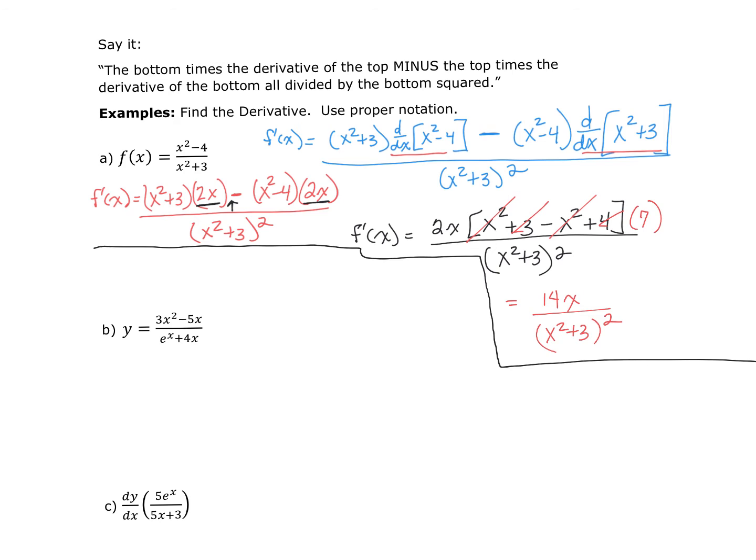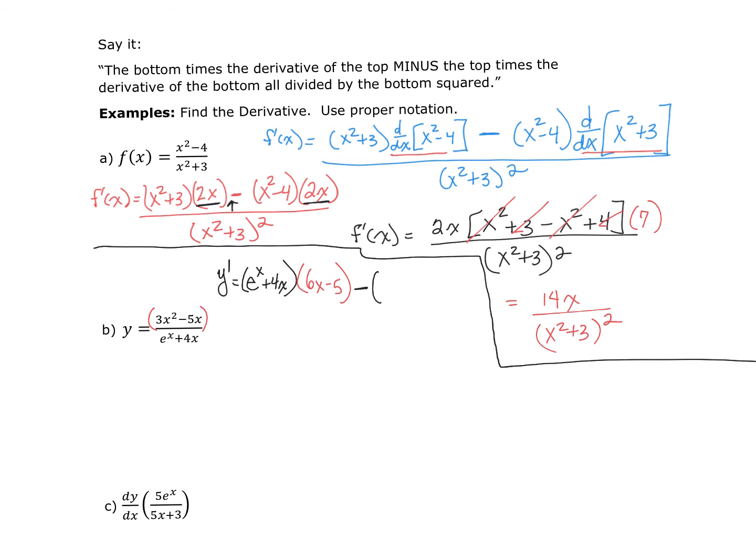Okay, so let's take a look at this next example. Here we have y, so when we take the derivative, we'll use y prime. And we're going to say it again. So this is the bottom, e to the x plus 4x. And then the derivative of the top. So the derivative of the top here is going to give us 6x minus 5.